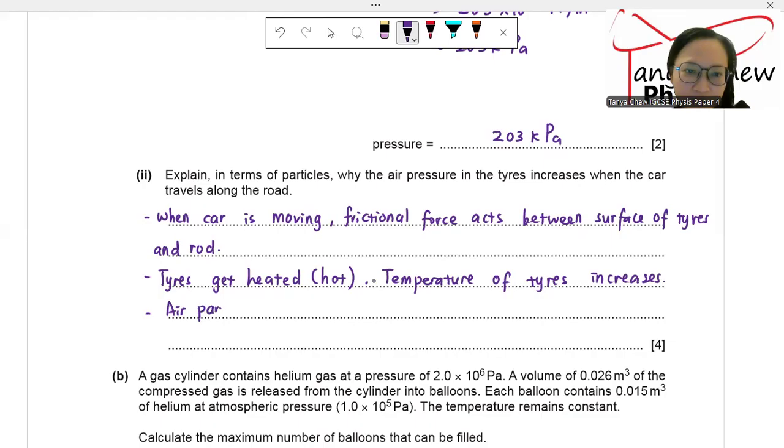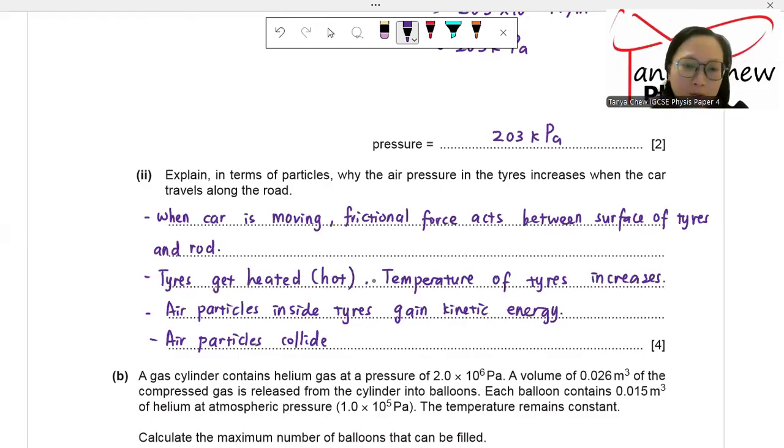The air particles collide with the inner wall of the tires more often, which increases the pressure.